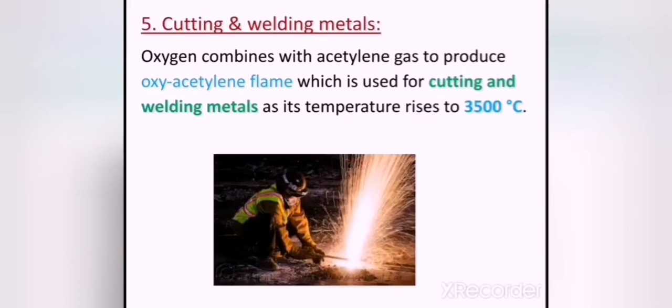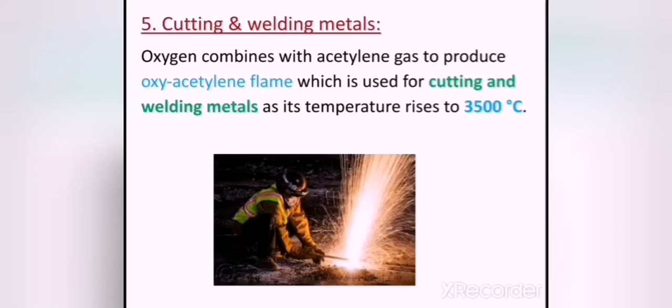Number 5, the oxygen gas used in cutting and welding metals. Because the oxygen can combine with a gas called acetylene gas to produce a flame called oxyacetylene flame.